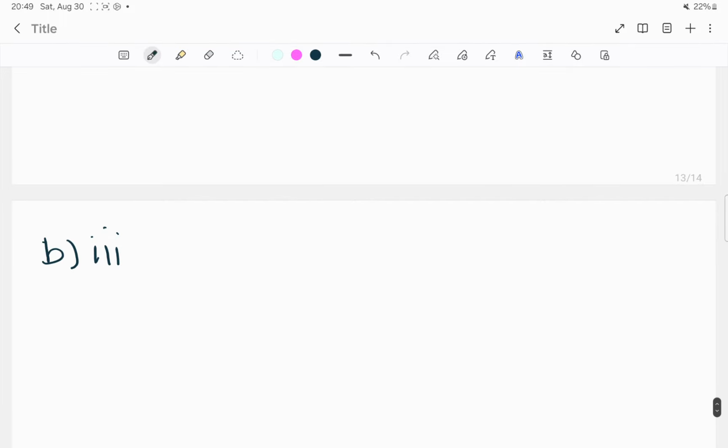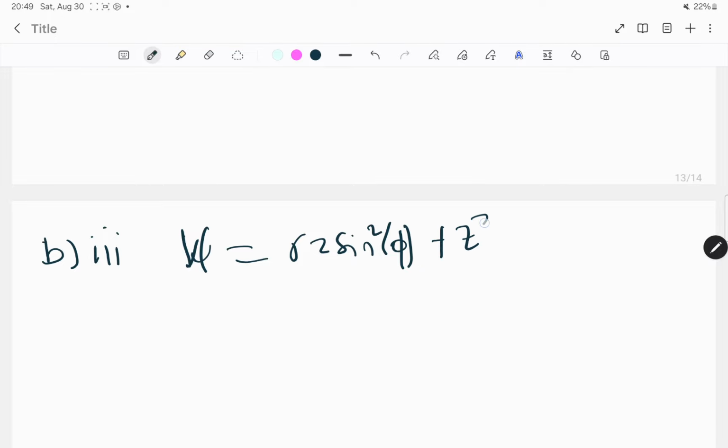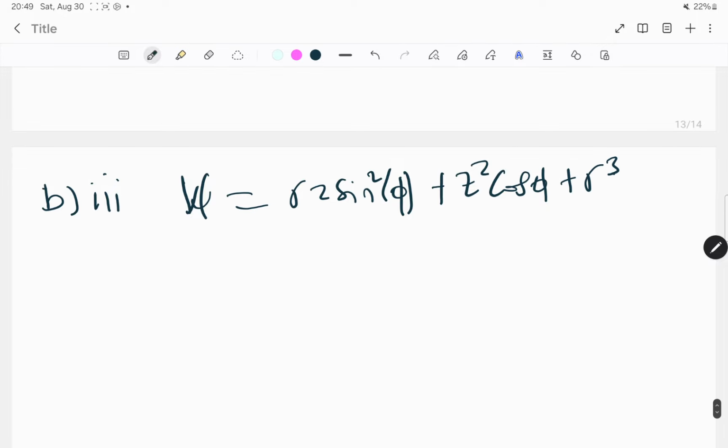So we have a scalar field, W rather, which is RZ sine squared phi plus Z squared cos phi plus R. This is our scalar field.